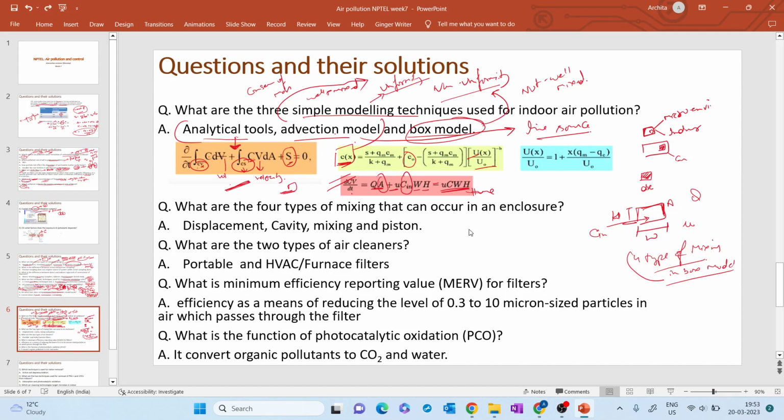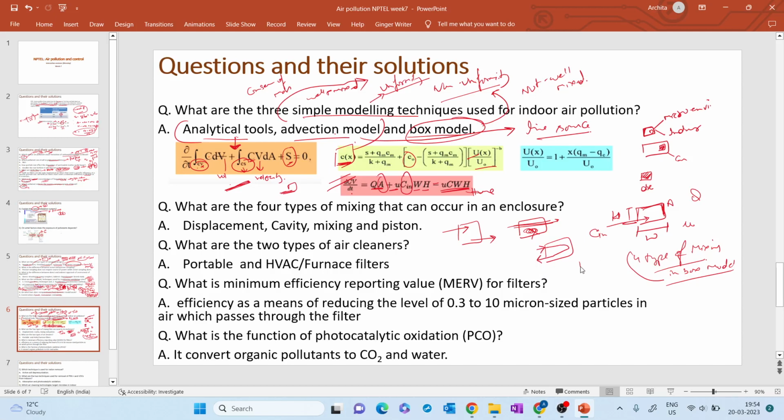Displacement means that when new air comes, it displaces the already present air in a system. Now cavity is that, let's say there is a ventilation here, so air will come and go through the ventilation, it does not circulate. Mixing means that there is proper circulation, that it's entering, then it is circulating inside the entire room, and then it's going out.